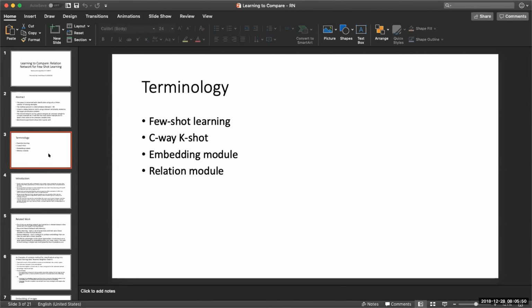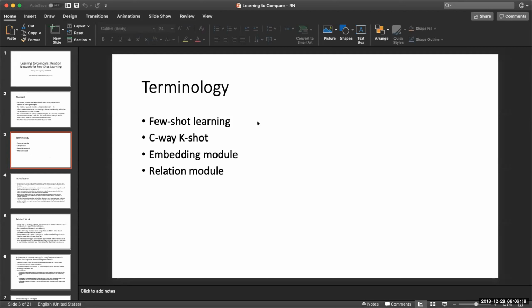Some of the terms that they use in the paper that we'll learn about, that I think are kind of unique to it, perhaps. Few-shot learning, meaning only a few examples are used to train the system to learn. C-way K-shot, C being the number of classes and K the number of examples in the class.